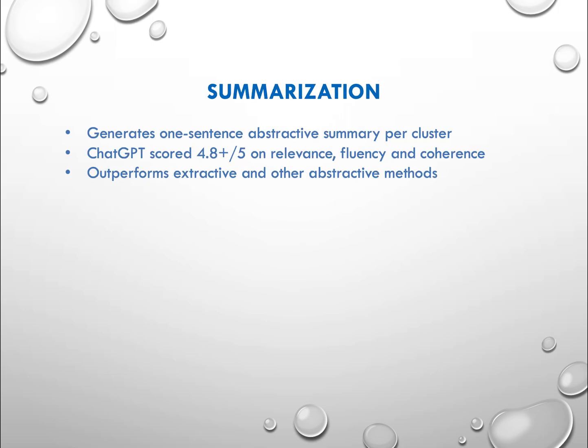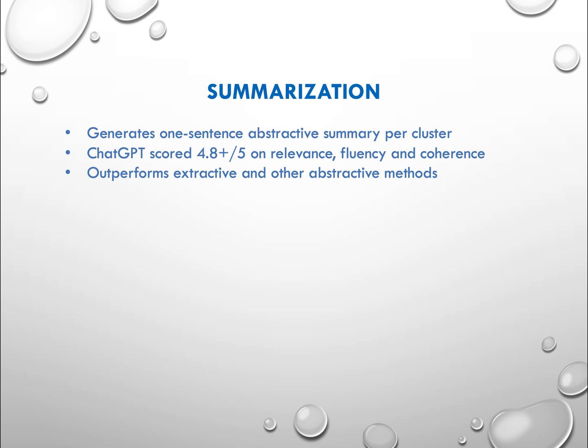So, to summarize, for each cluster, an abstractive one sentence summary is generated using ChatGPT, again in a zero shot manner. Quantitative evaluation, by having humans rate on criteria like relevance, consistency, and coherence, showed that the summaries provide excellent encapsulation of the key user feedback within a cluster.